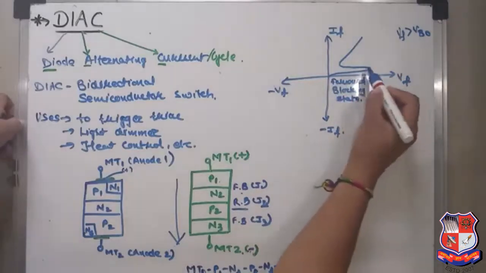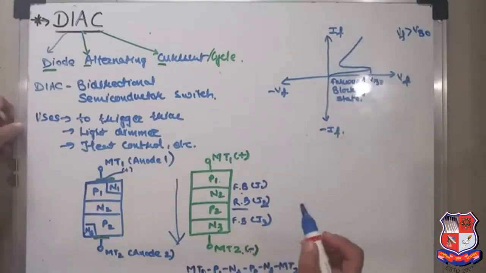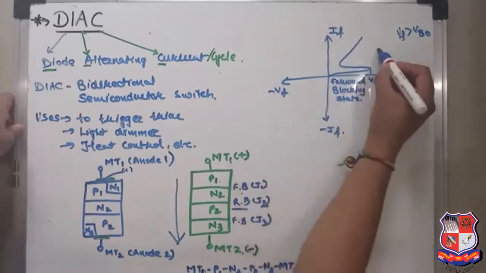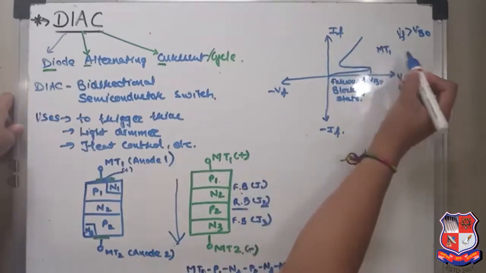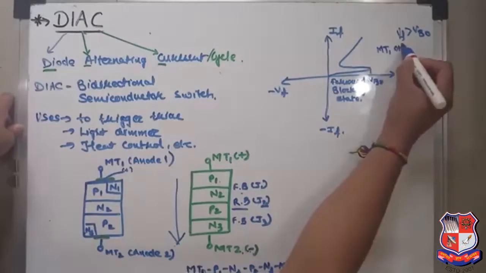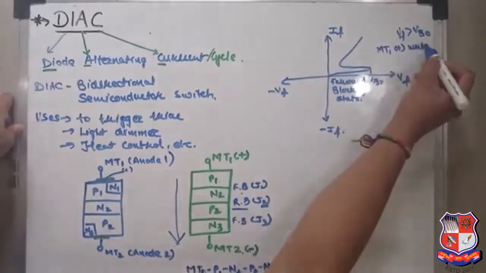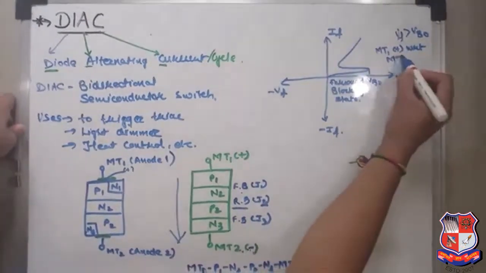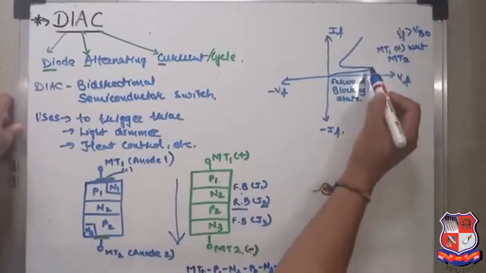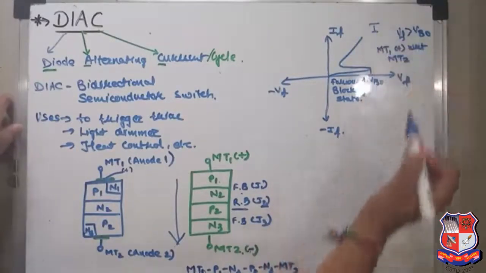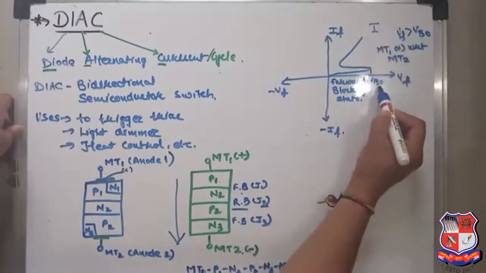So that is the characteristic of the diode when MT1 is positive with respect to MT2. So the characteristics lie in the first quadrant. Here is the breakover voltage.